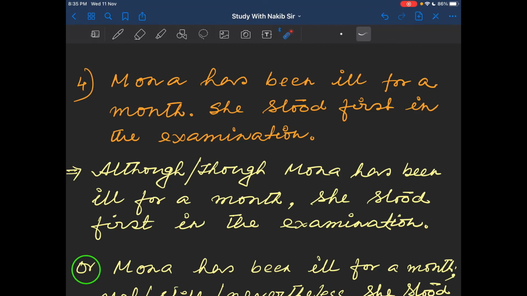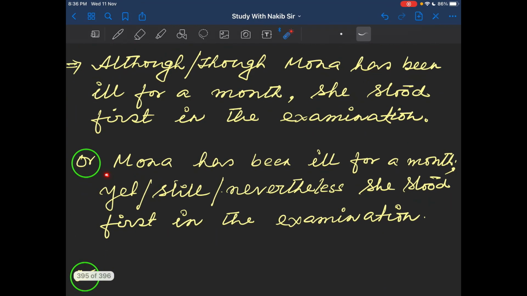Now see your first combination. Although or though Mona has been ill for a month, she stood first in the examination. Or Mona has been ill for a month, semicolon, yet or still or nevertheless, she stood first in the examination.